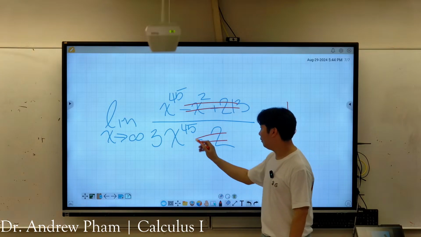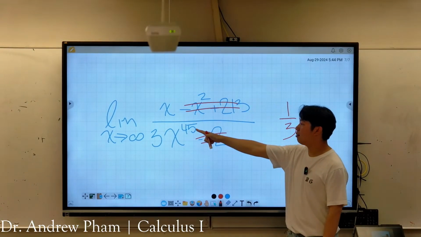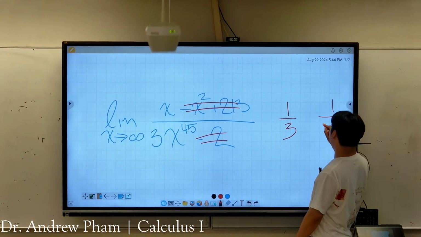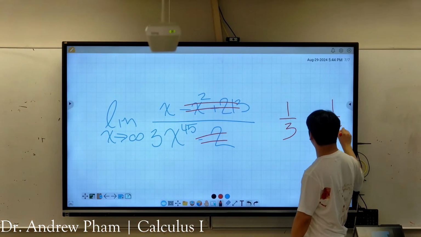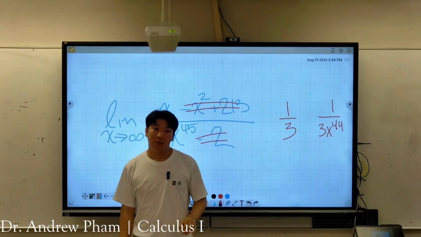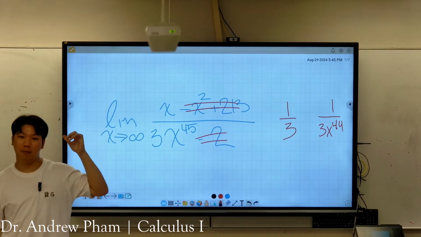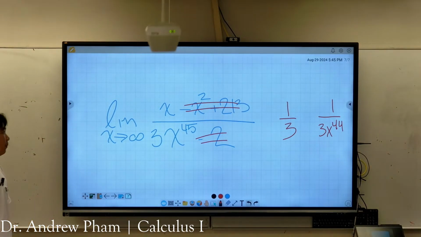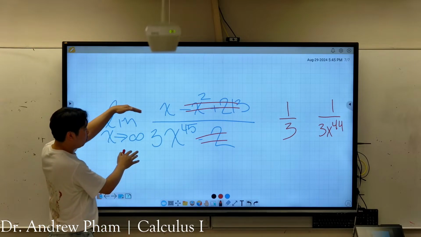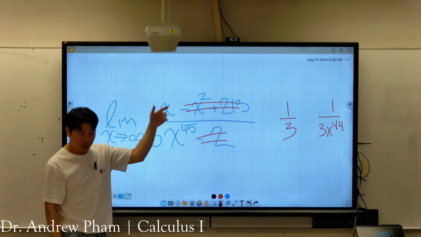Even before, this simplified into 1 over 3x to the 44. What was our rule for that? It goes to 0. So this is going to be combining those rules that we did today and the ones we've done way back in the beginning. I didn't show the examples, but remember we can split it from the limit on the top, limit on the bottom, stuff like that.